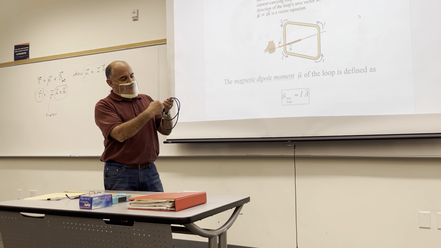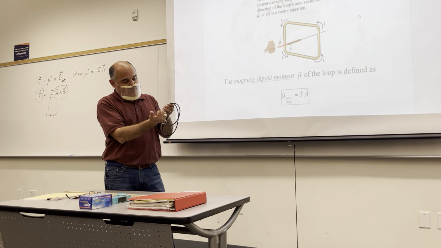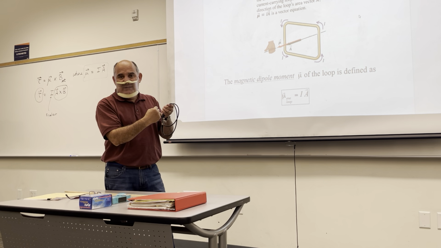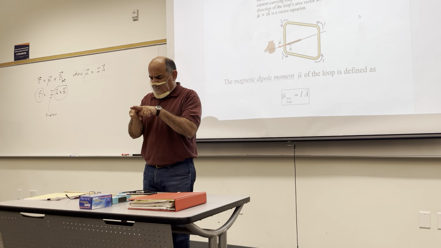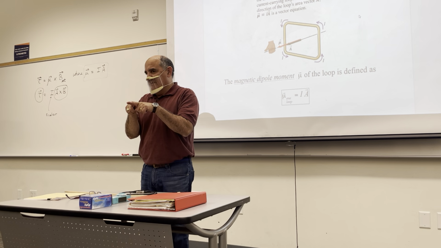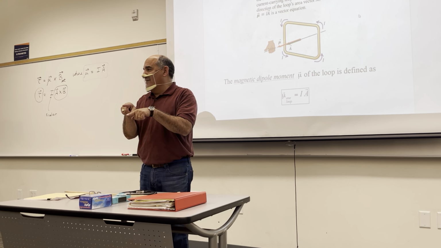Then one of the turns has an area vector this way, with the magnetic dipole moment vector pointing that way. The other turn also has the current that way, so it would also have a magnetic dipole moment vector pointing this way. How do you find the sum of two vectors that point in the same direction? You just add this plus this, right?